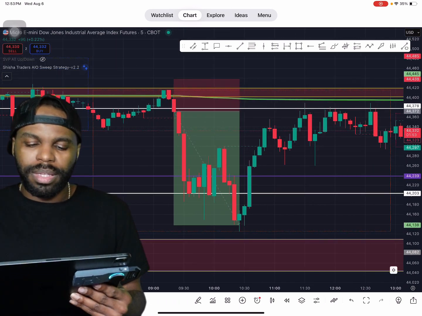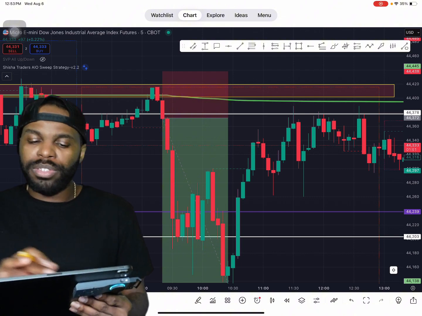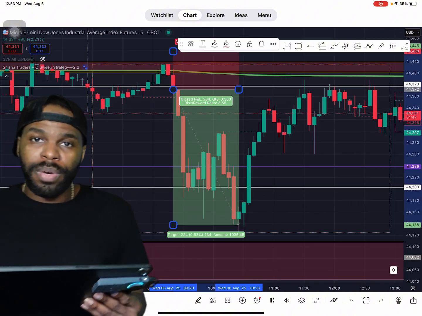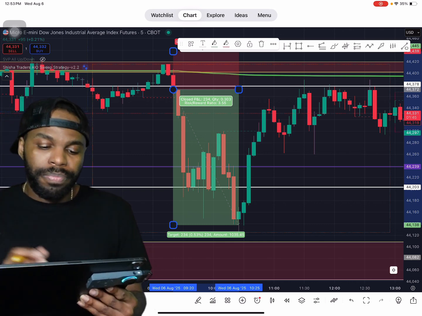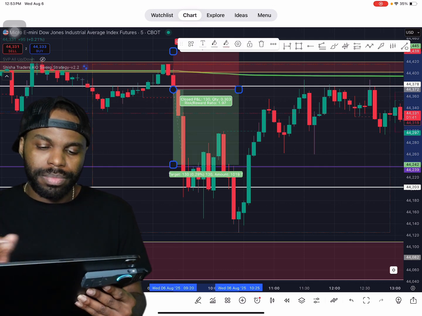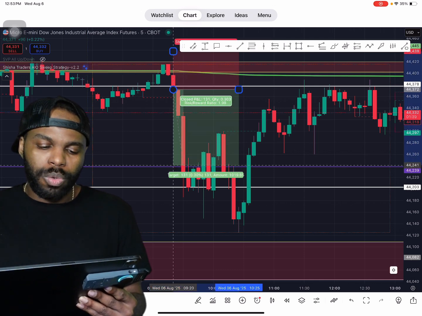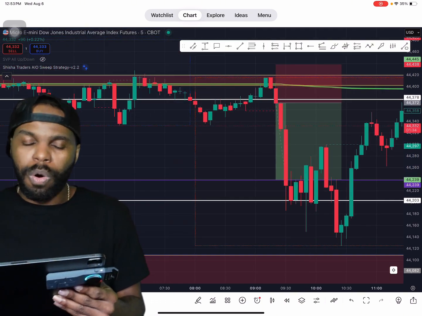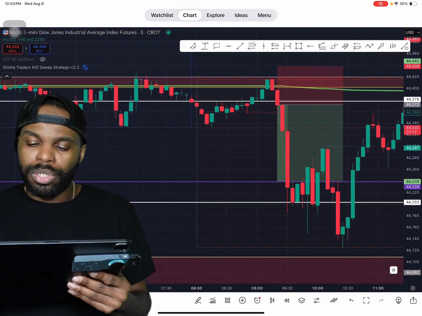If I get a rejection off of this zone right here, and I already, before the US session started, what I would do is I can target these levels. So you could have got a 2R off this level here.